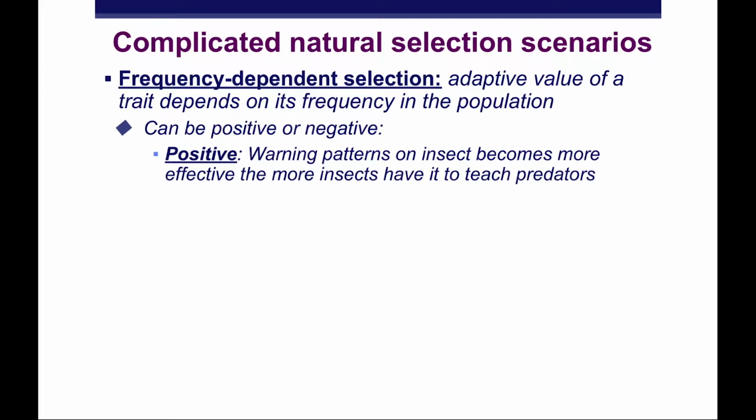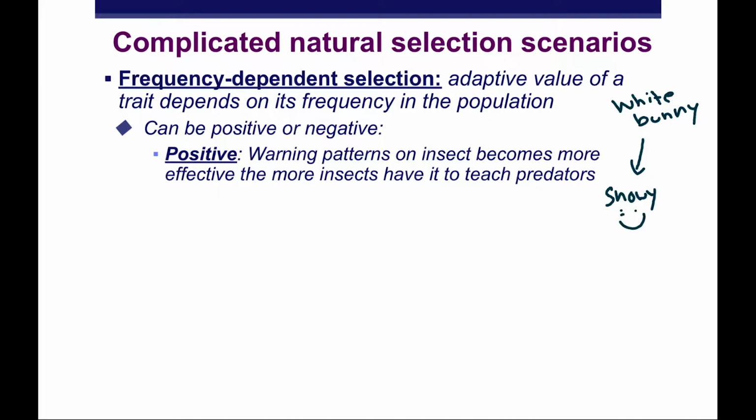But if you recall, an adaptation is not always an adaptation. Adaptation just means that you have a trait that gives you an advantage in the area. For example, a white bunny is going to be well adapted to a snowy area.